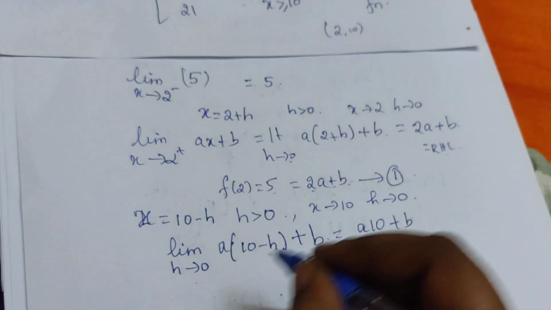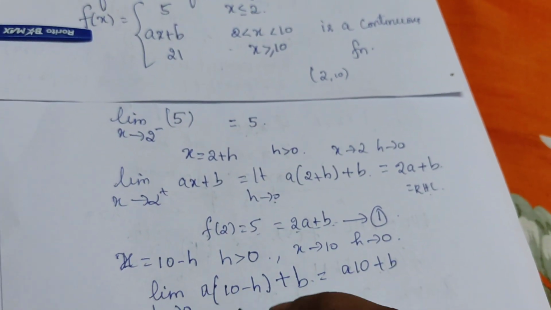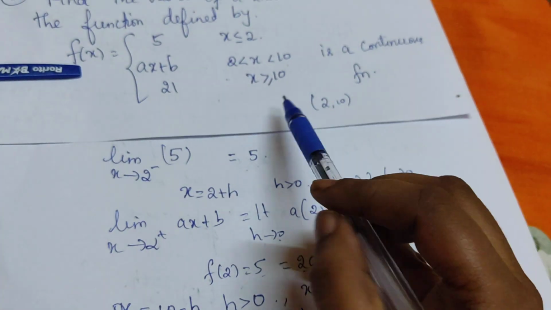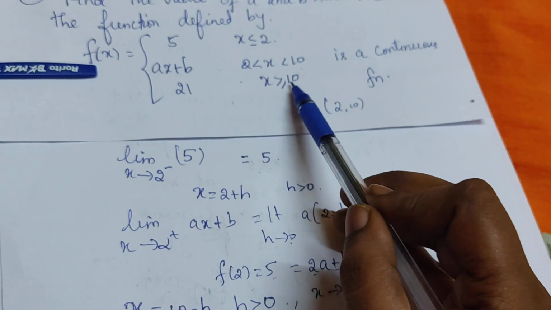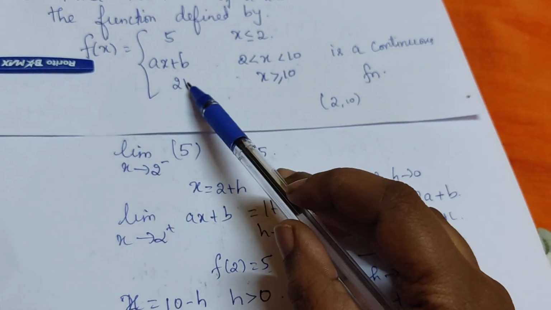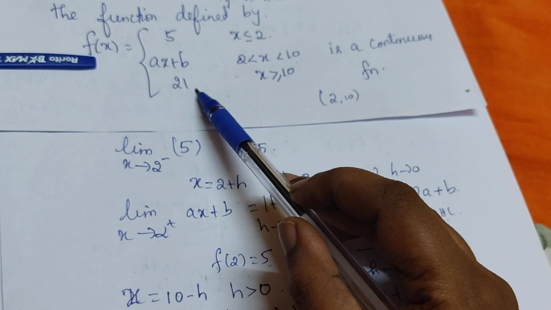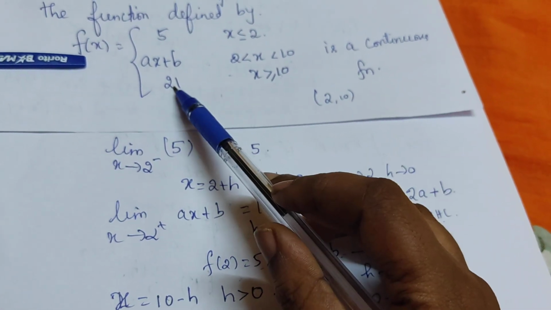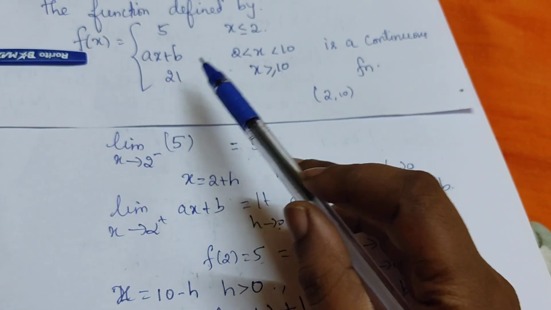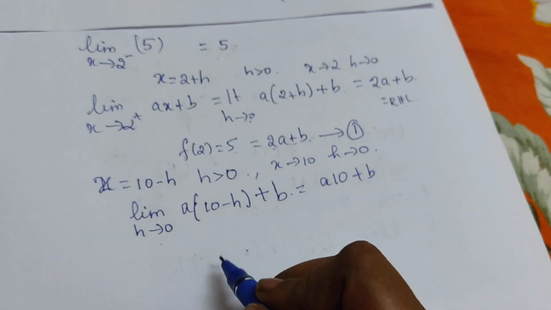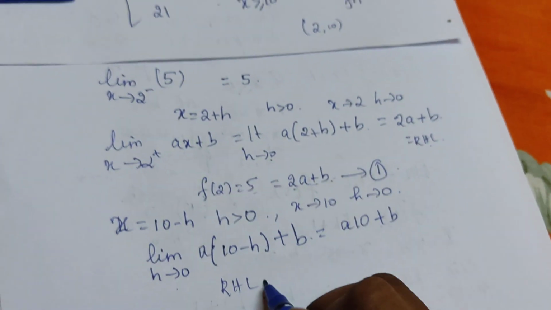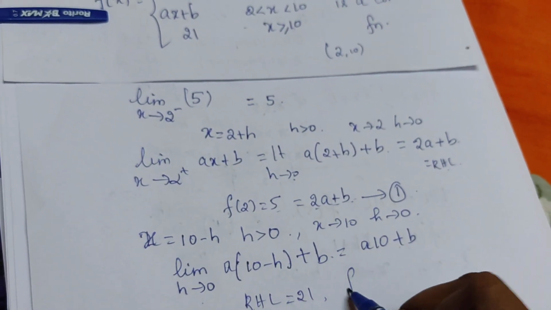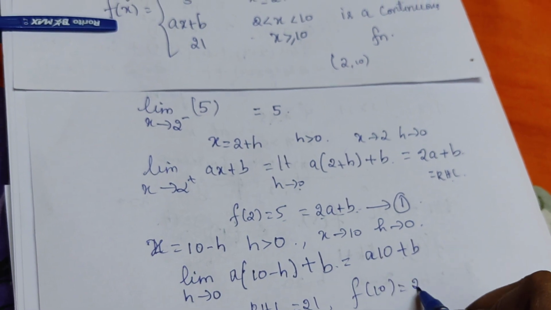Now this is equal to the functional value. In the right hand limit, because once the values are greater than or equal to 10, the function will take its value as 21. So the value will be constant. Anyway, we will get the same right hand limit as 21, and also the functional value will be 21.